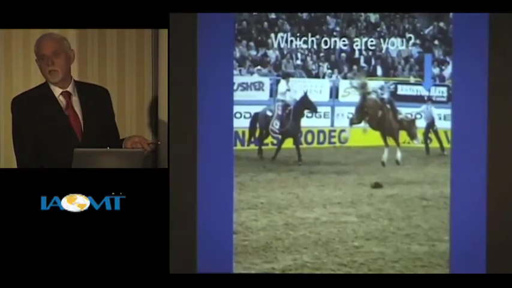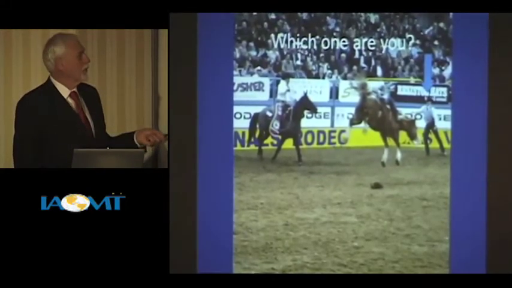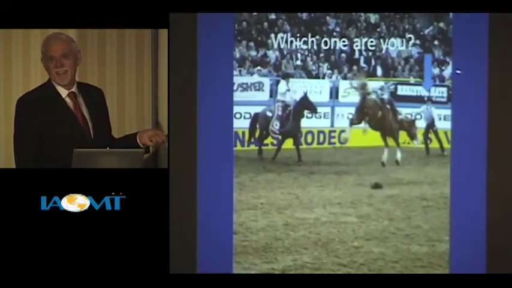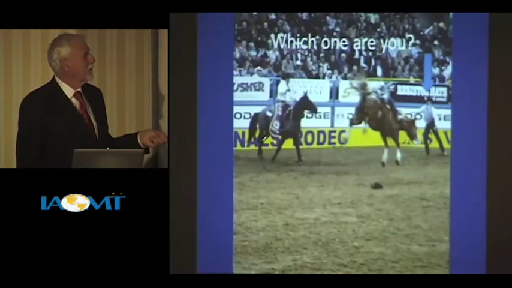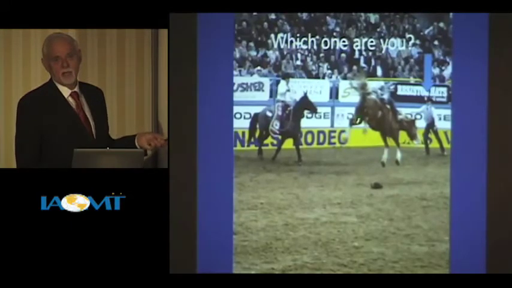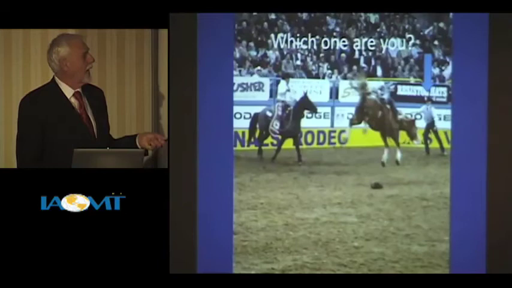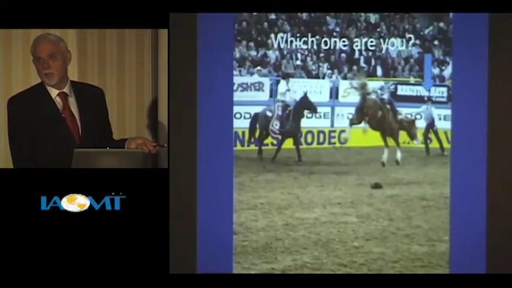So you have to decide, who are we going to be? I really don't want to be that one. I don't want to be the person on that horse. I'd rather be the pickup guy trying to help him get off of that safely. I don't want to be this guy. It looks like this guy's about to get run over.